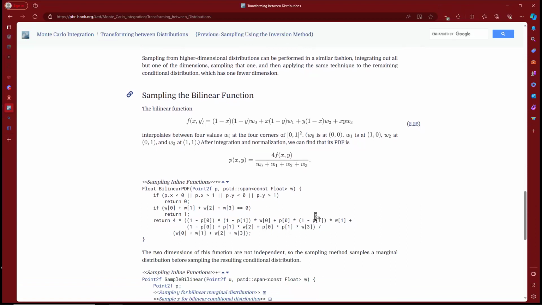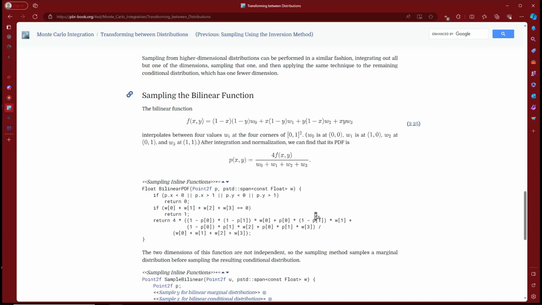So they have sampling the bilinear function. So f of xy is this equation with these different points, so W0, 1, 2, 3, I guess, are two-dimensional points, looks like. After integration and normalization, we find the PDF for f of xy over the sum of those points.